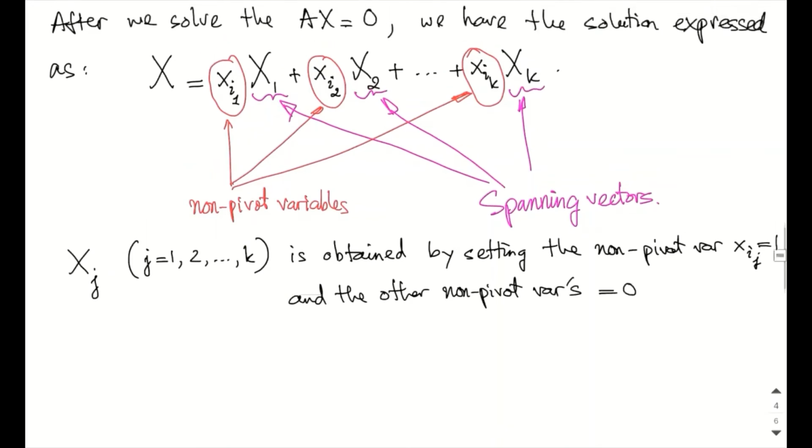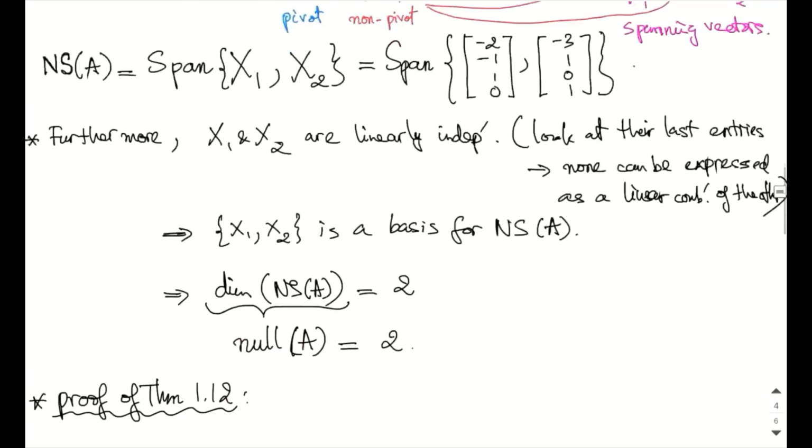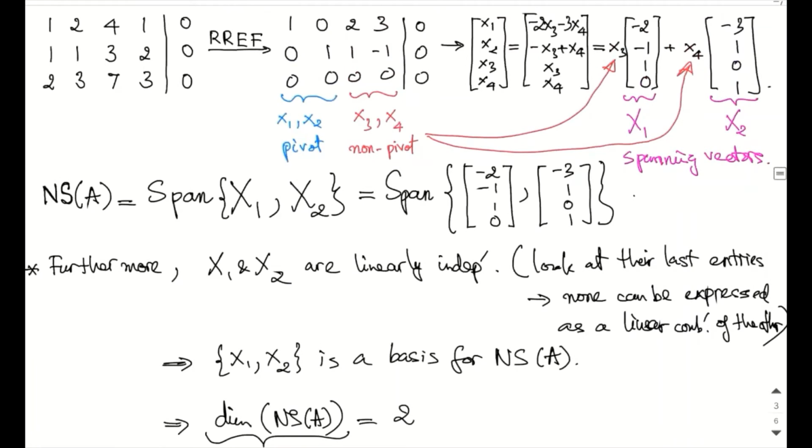Let me show you what we did in the example so that you can imagine what is going on in the more general setting. You see, this is the third entry, which corresponds to the first non-pivot variable x3. You set it to be 1, the others to be 0. This is the fourth entry, which corresponds to the second non-pivot variable. You set it to be 1 and the others to be 0.